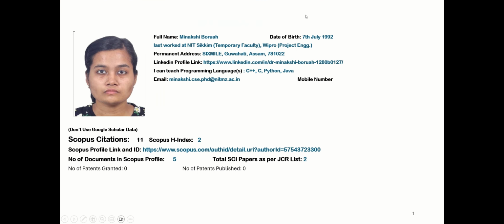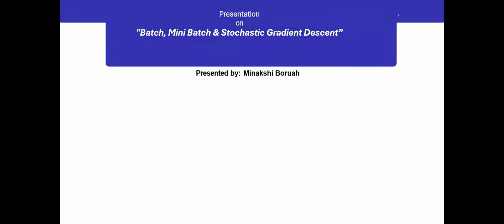Myself Meenakshi Barua. I am starting one very interesting presentation today on the topic of mini batch, stochastic gradient descent. So these are all types of gradient descent algorithms, the key backbone of all machine learning algorithms, because whenever we are training something, we are using gradient descent.